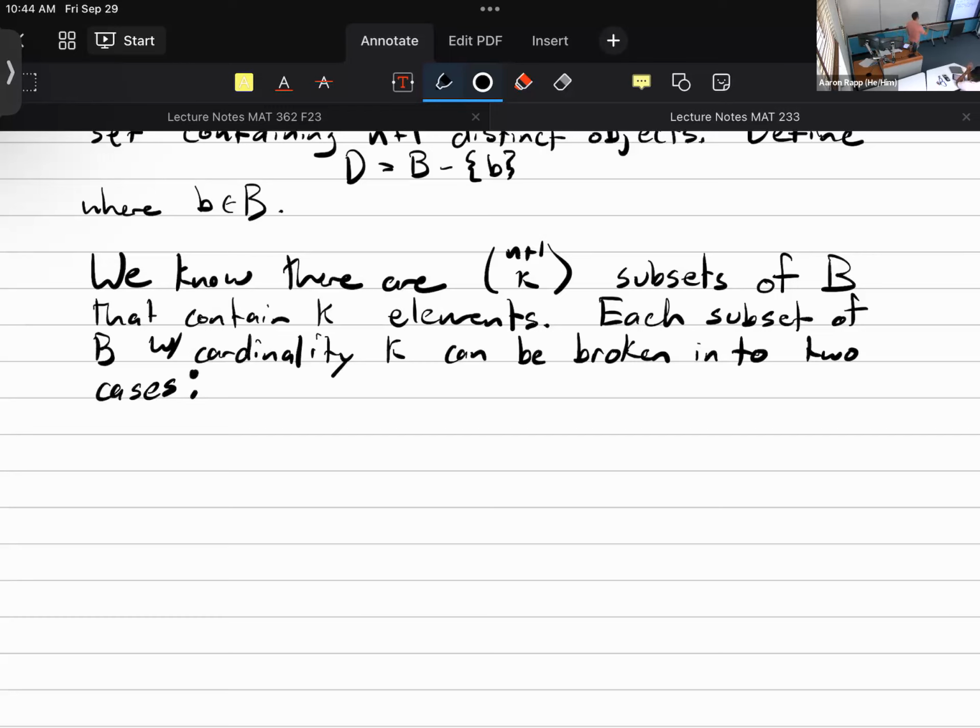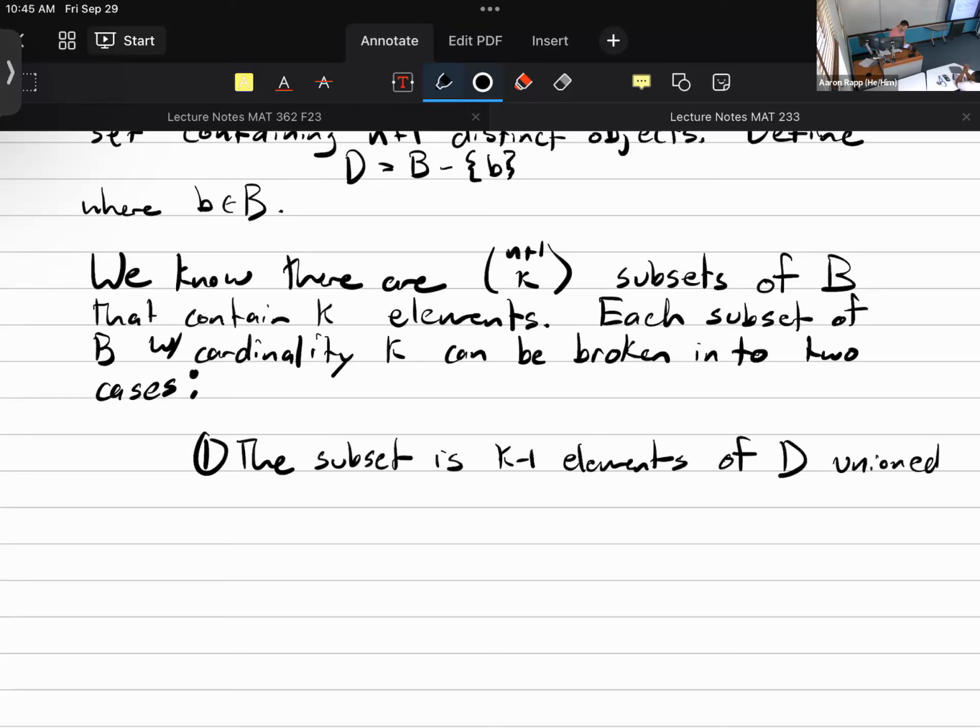So if I go and investigate each of these subsets of cardinality k, well, the first case is that the subset is k-1 elements of my set D unioned with that set containing that particular element little b.